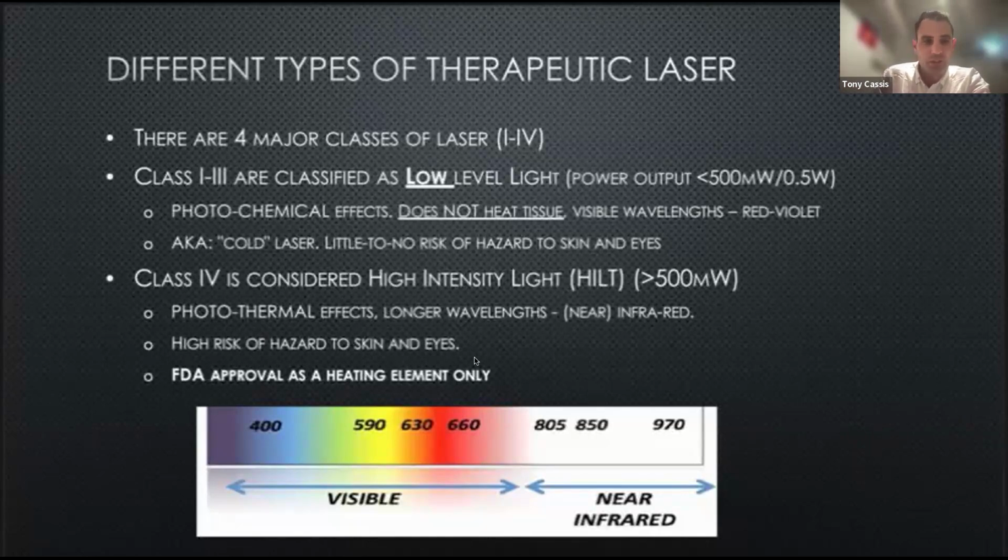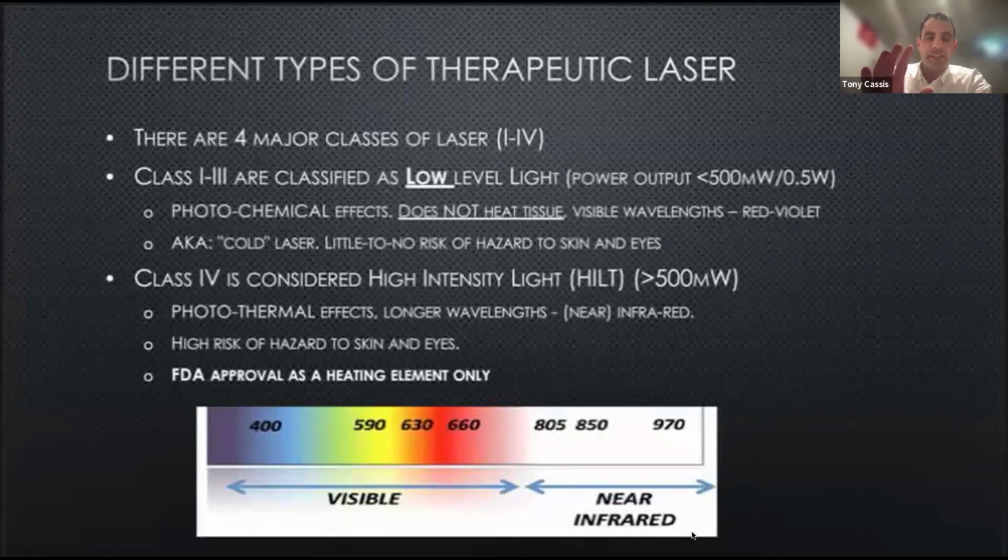So I'll just show you. If you look at this picture, for visible light we're looking at just under 400 nanometers on the left-hand side, going up to about 760 nanometers. That is the visible light spectrum. Anything beyond 760 nanometers is considered near infrared, depending on who you're reading.